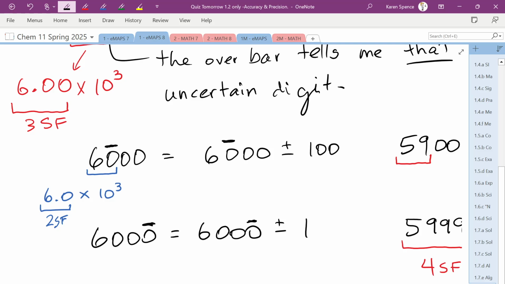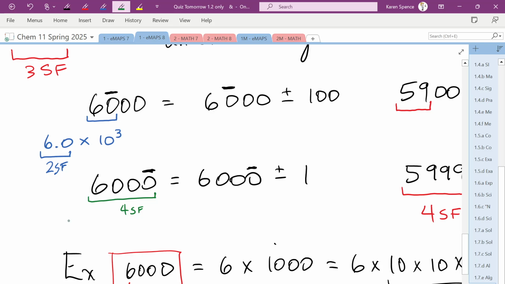And this one here, 1, 2, 3, 4 sig figs, would be written as 6.000 times 10 to the 3. Yes?